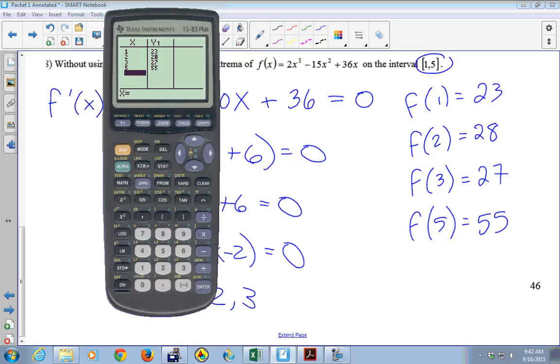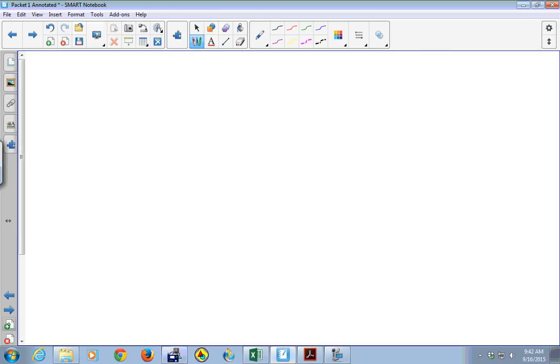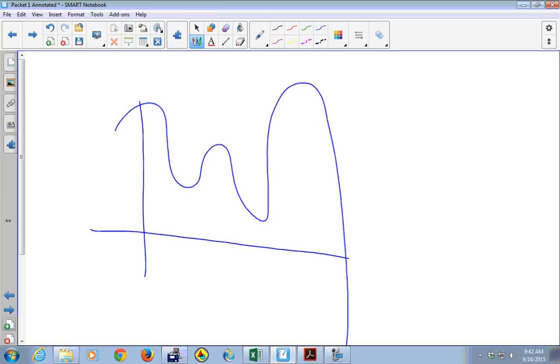They asked me to find the global max and min on the interval from 1 to 5. So I found the critical points in between. Gotcha. And I also have to look at the endpoints of the interval. Right, because this is a polynomial, and from 1 to 5, right, it could do any number of things, right?